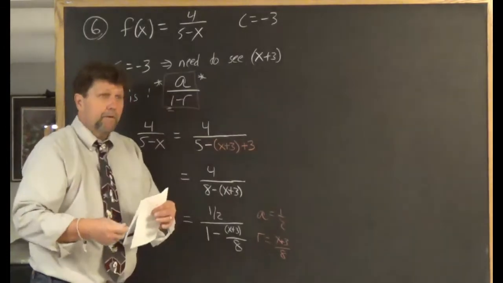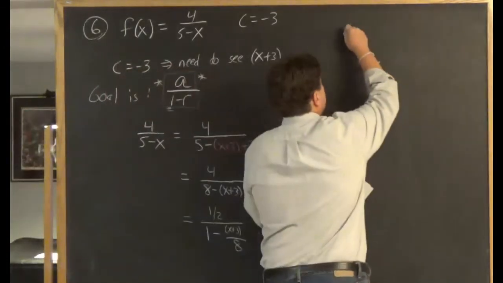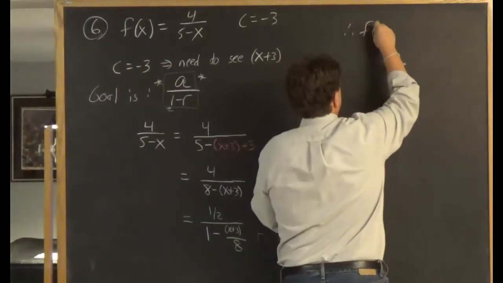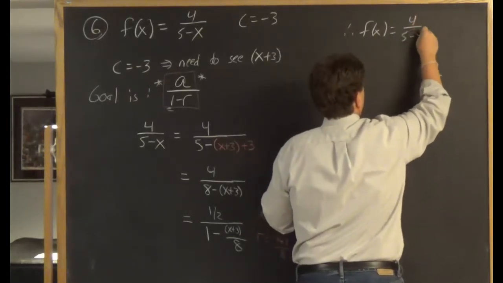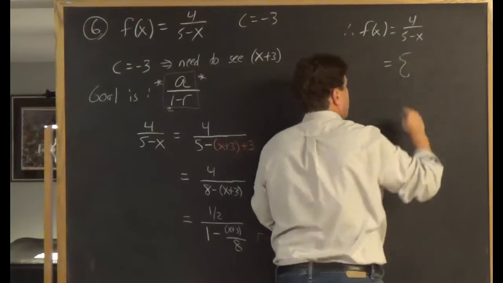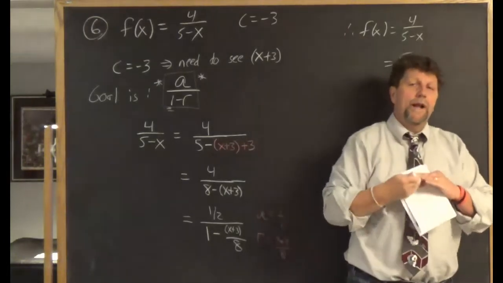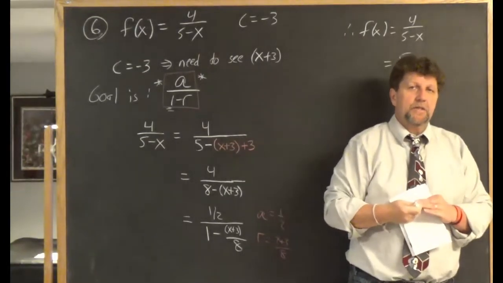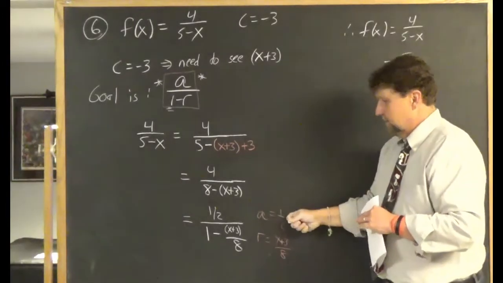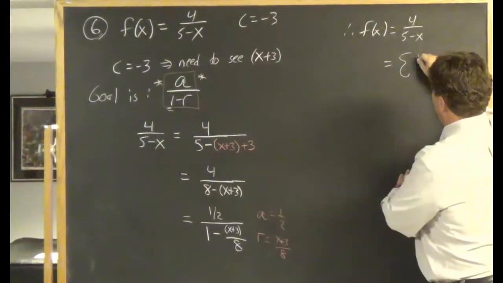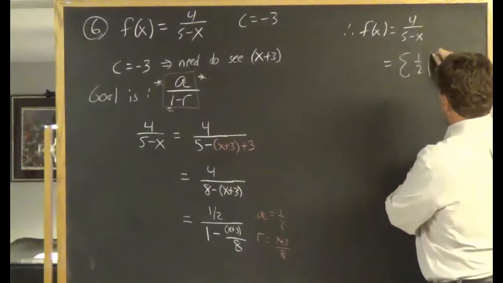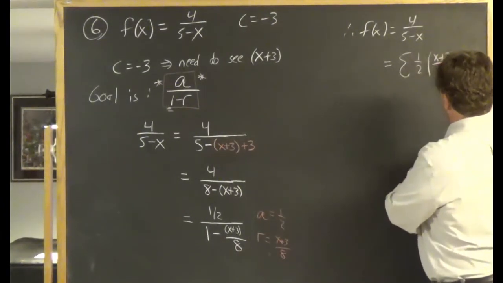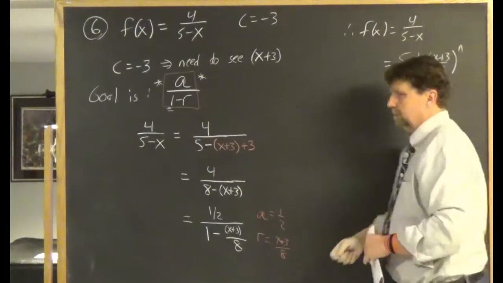So I should be able to write the power series, because I know what a geometric series looks like. It is the series of a times r to the n power.